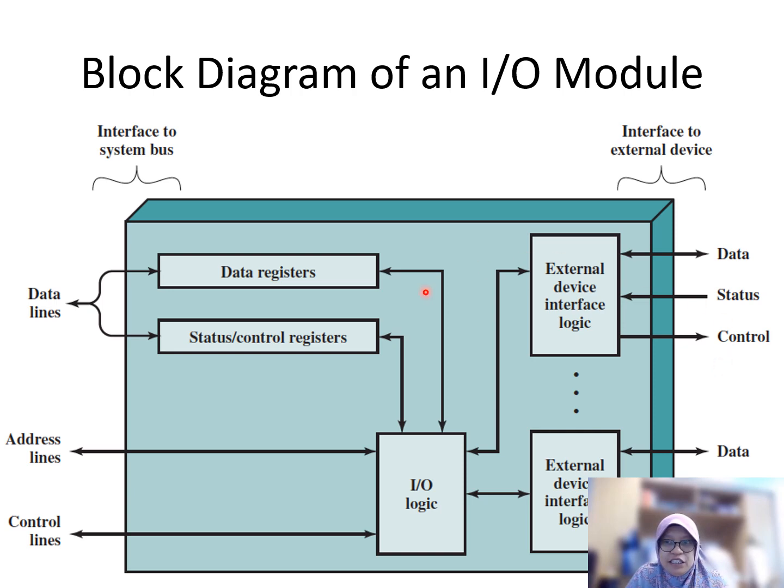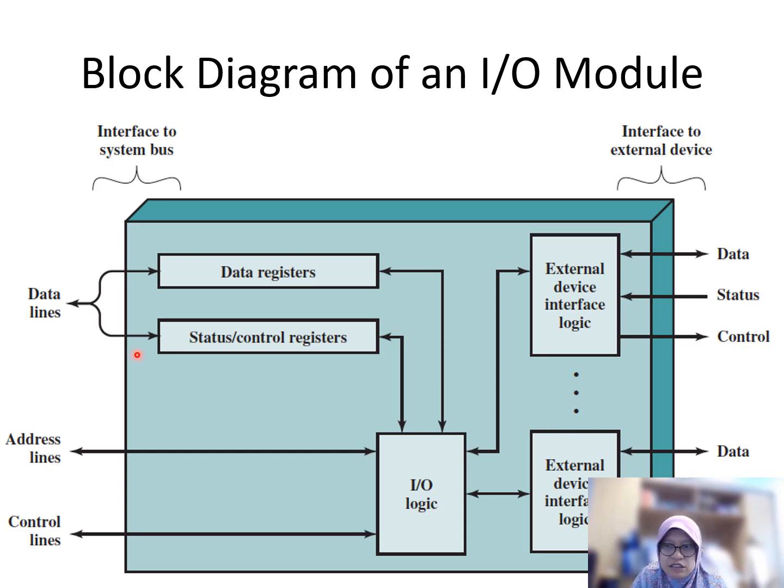The figure here shows the general block diagram of an I/O module. The module connects to the rest of the computer through the system bus, and has another interface to the external device. It also has a connection to a set of signal lines: the control lines, the data lines, and the address lines.